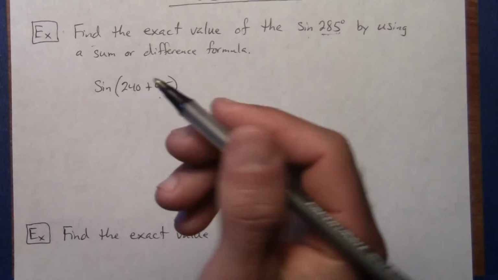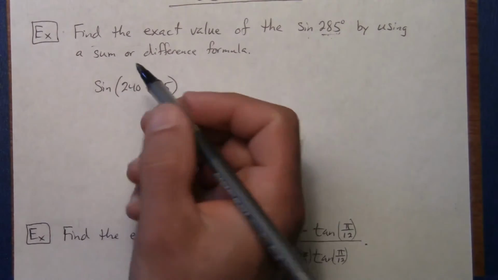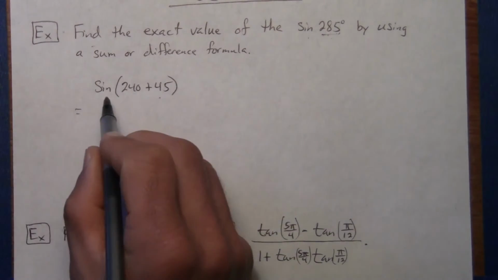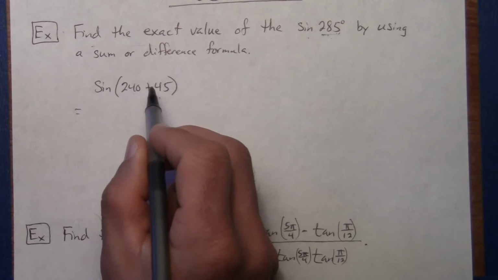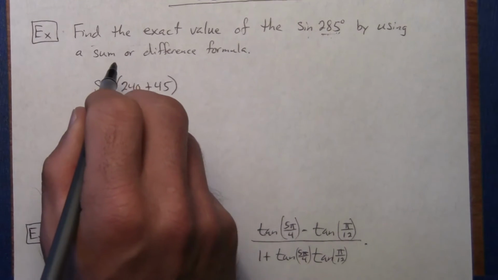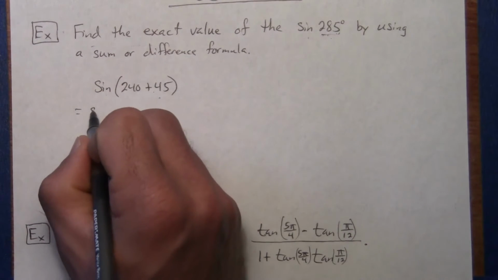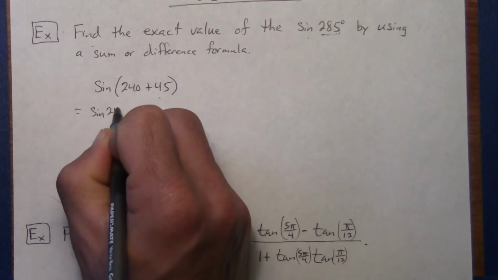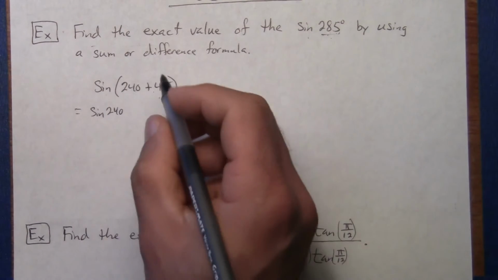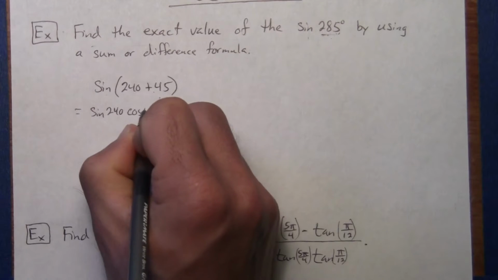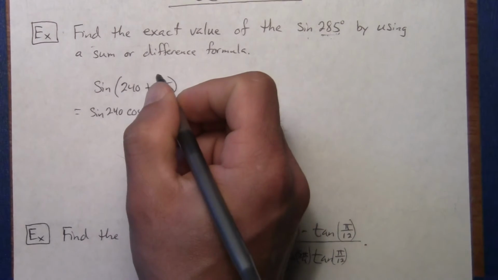Alright, now I'm going to expand this out using one of the formulas that I have. So I know the sine of u plus v, if I go and look at my identities, is the sine of the first angle, so it's the sine of 240, times the cosine of the second angle, so times the cosine of 45.